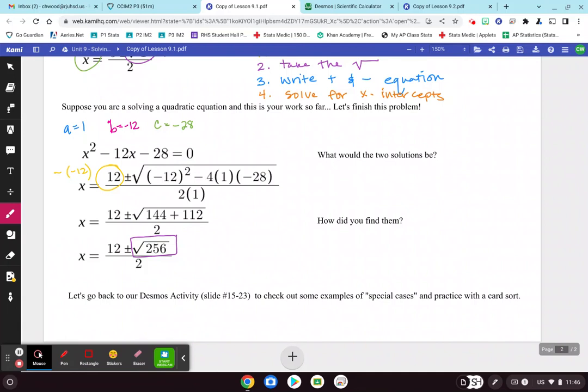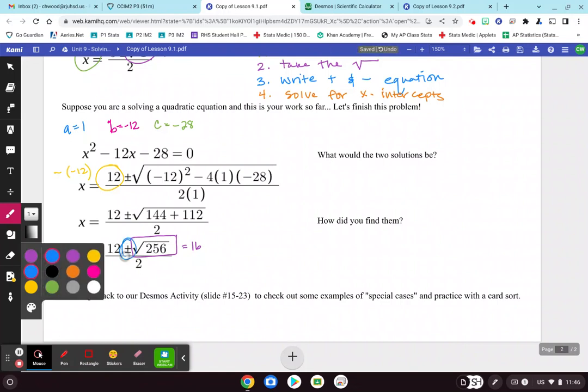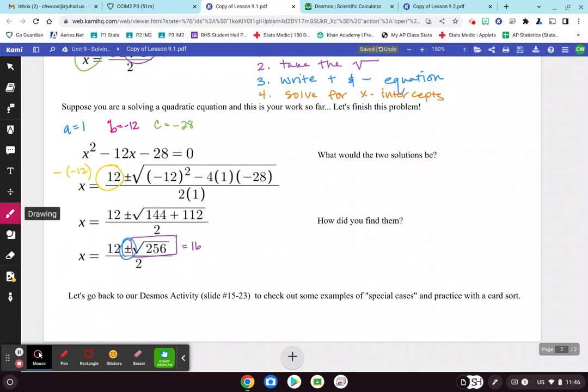And if you're not sure, then go use your Desmos scientific calculator. It's no big deal. The square root of 256 is actually 16. So we're going to split this into a positive equation and a negative one. So we would get 12 plus 16 over 2 and 12 minus 16 over 2.